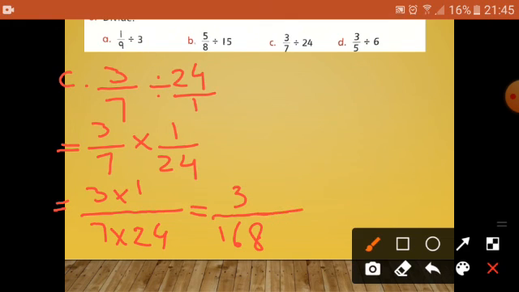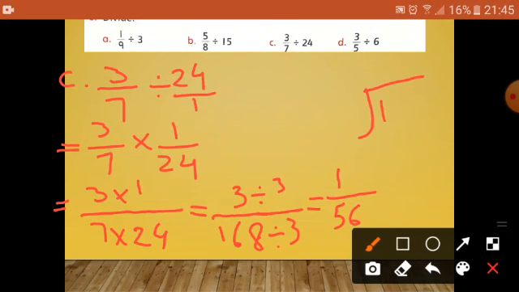Okay, so now 3 over 168, this is still not simplified. Your answer must be simplified. So divide these two with 3 and this with 3 as well. So 3 divided by 3 becomes 1, and 168 divided by 3 will become 56. How to divide?